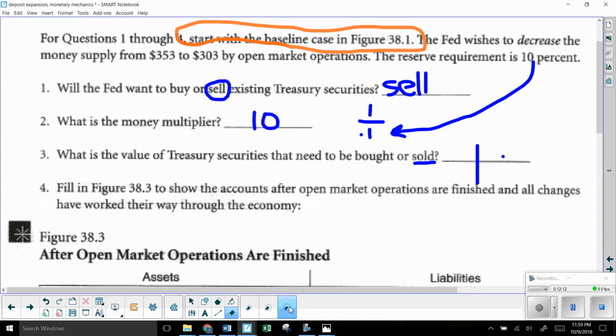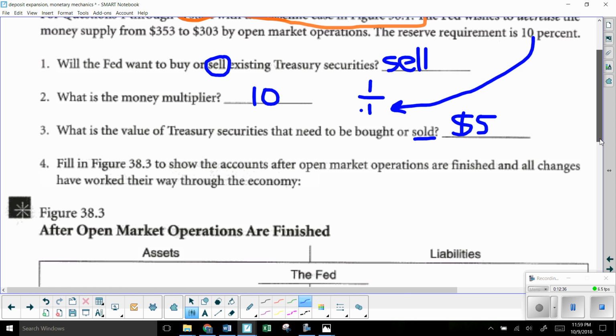Get rid of that and go back to get a pen. And now we'll say that they need to sell $5 worth of securities. Now, would the Fed ever sell $5 worth of securities? No, maybe these numbers are in millions or billions or something like that. But they're trying to make the math easy for you. And adding or subtracting units of 5 is probably going to be pretty handy here.